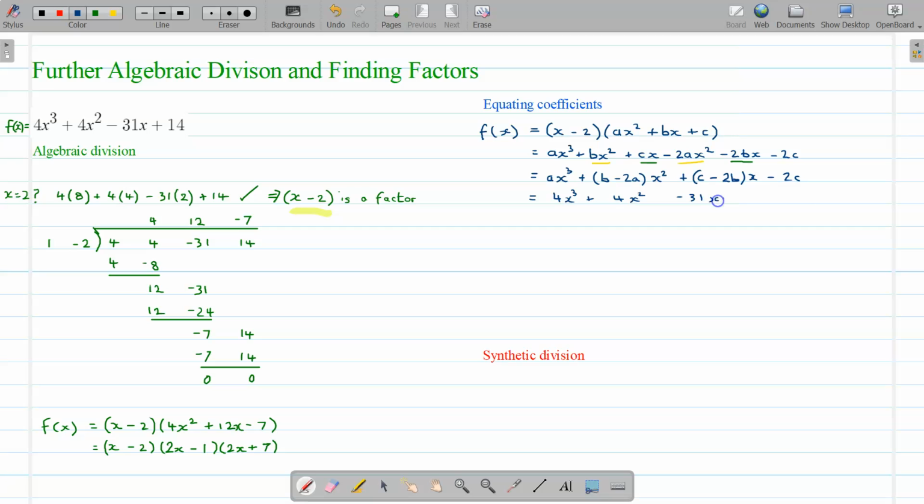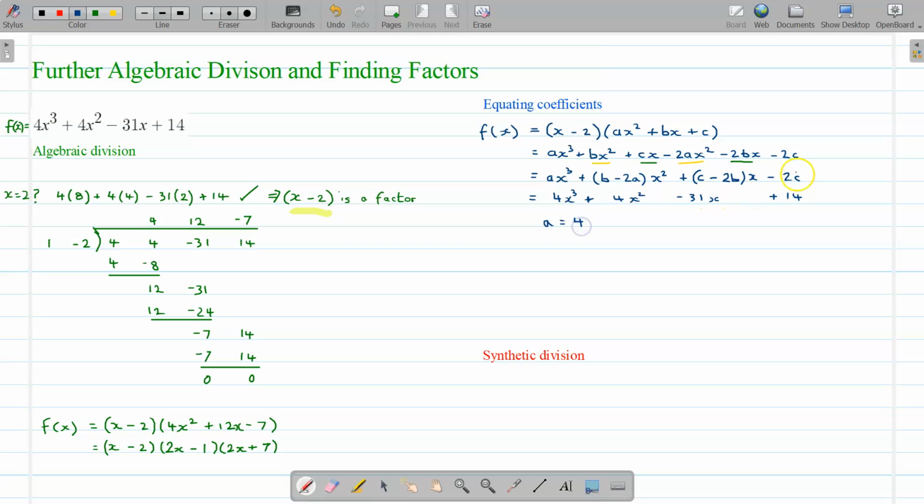I'm just putting them underneath each other, and the minus 2c must be the same as plus 14. So the 4x cubed is matching to the ax cubed, so therefore a must equal 4.